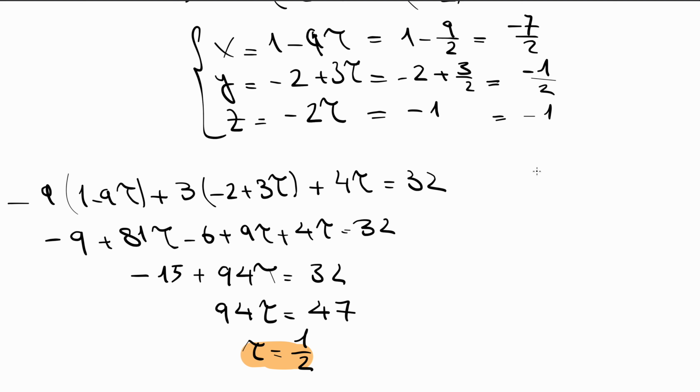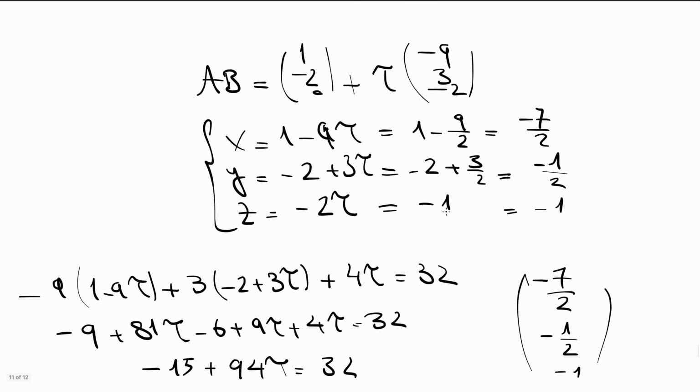Then z is negative 4 plus 3 over 2... negative 1. So the point on P3 where the line AB intersects is (negative 7 over 2, negative 1 over 2, negative 1).